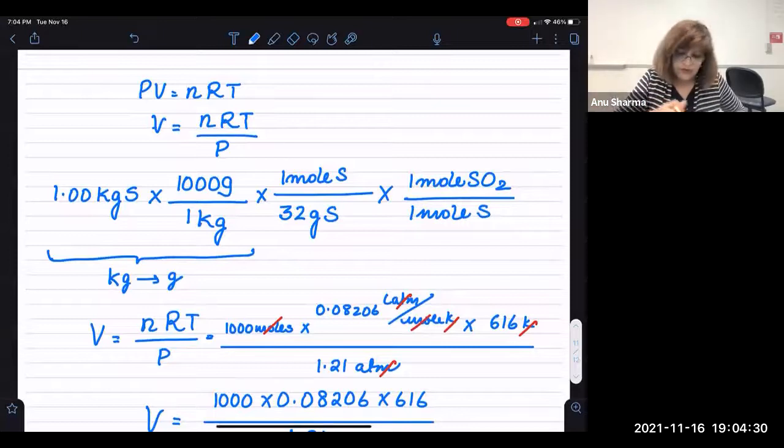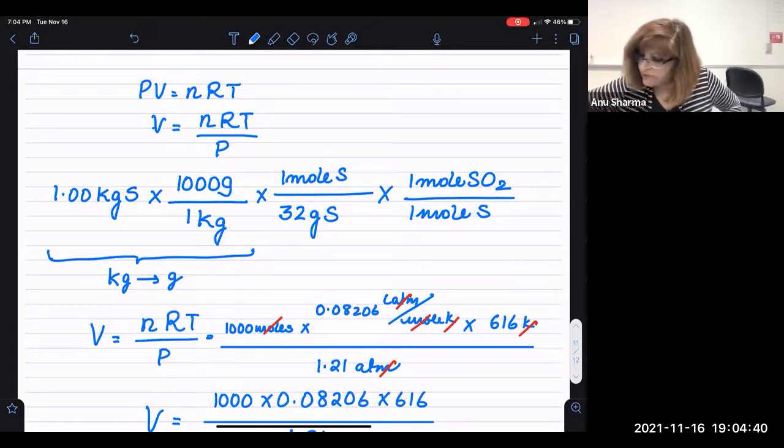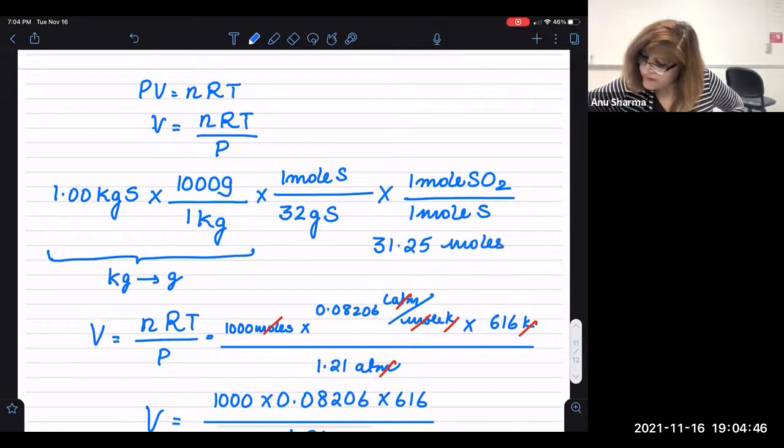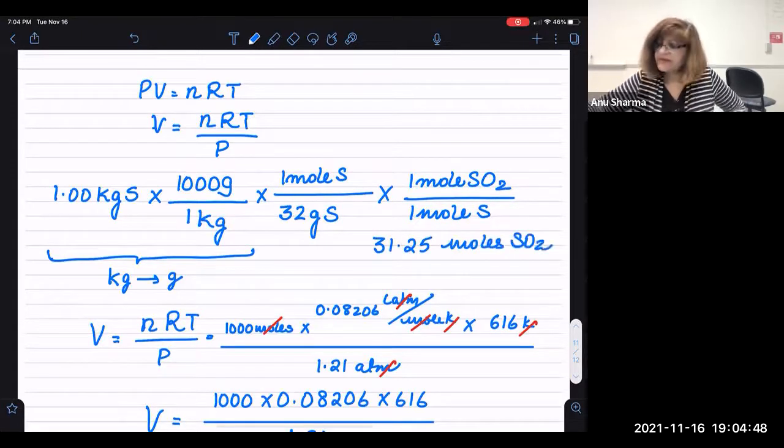So now what do you get? 1000 divided by 32 comes out to 31.25 moles of sulfur dioxide.